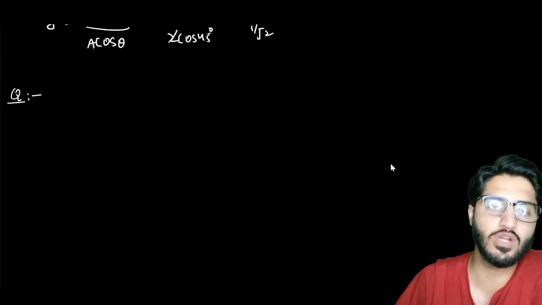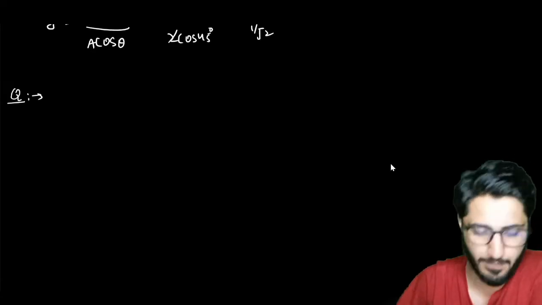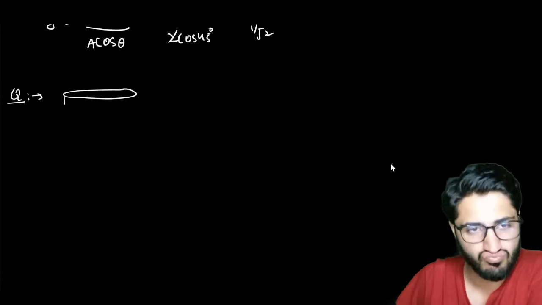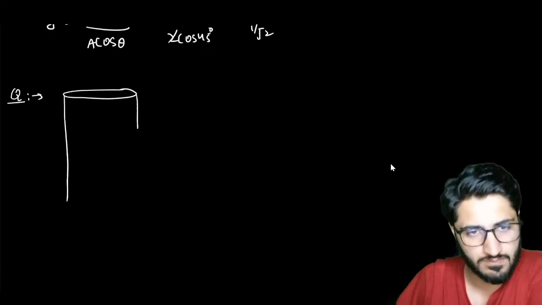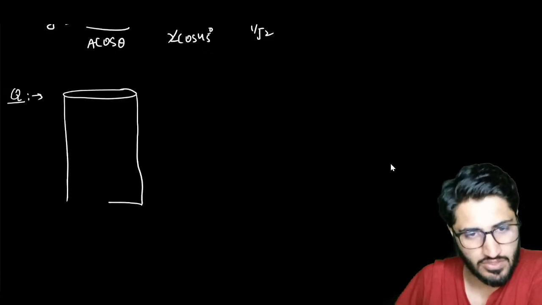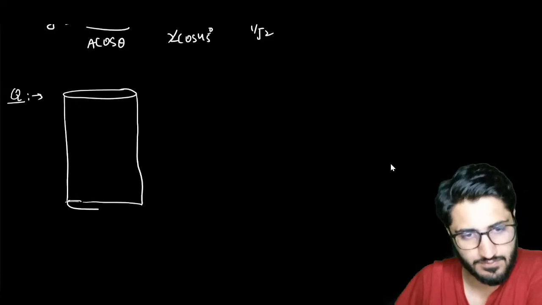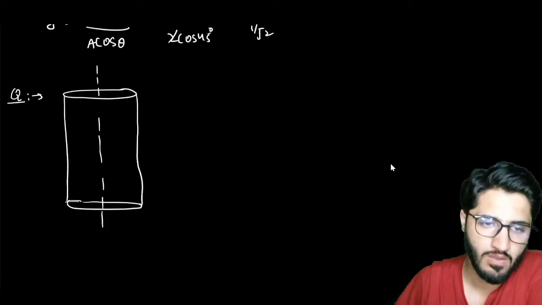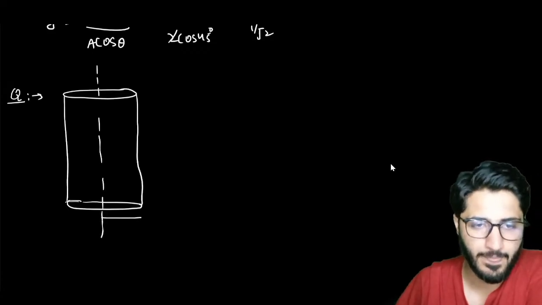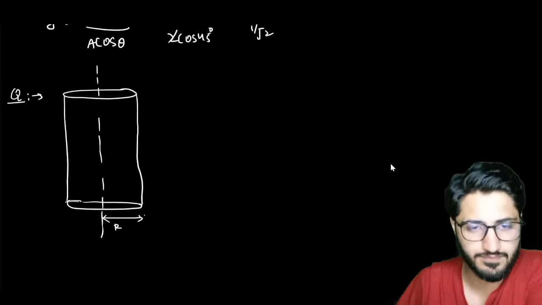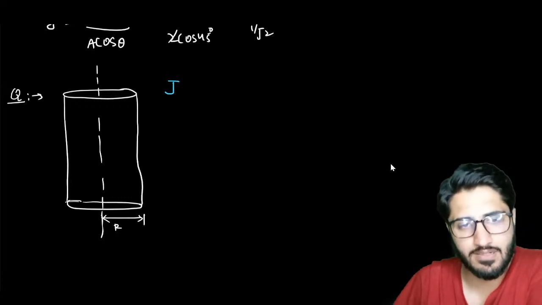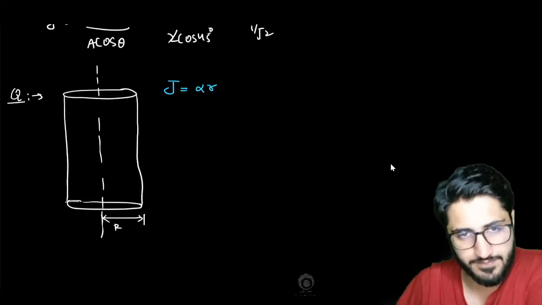So now a new numerical. Where do we need to apply the variable concept? Suppose this one is my conductor, with radius r. And my current density is a function of R. It is alpha into R, where alpha is some constant.